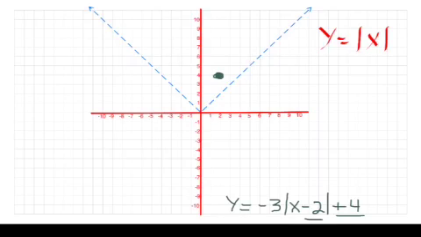So that'd be right 2, up 4. And then I'm going to be opening down, and notice that my vertical stretch is 3, which means for every time I go over 1 on x, I'm going to go not up, but down 3 this time. So I'm going to go over 1, down 1, 2, 3, over 1 more, down 1, 2, 3 more.